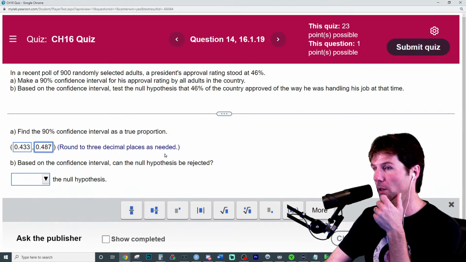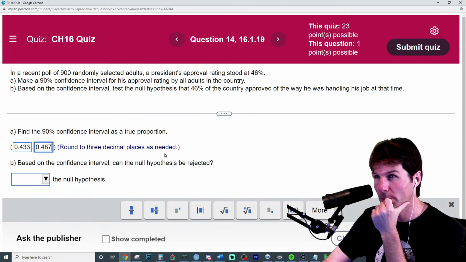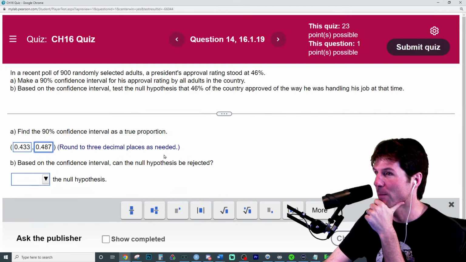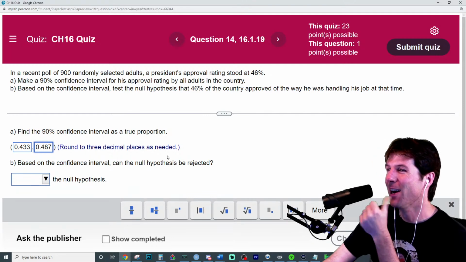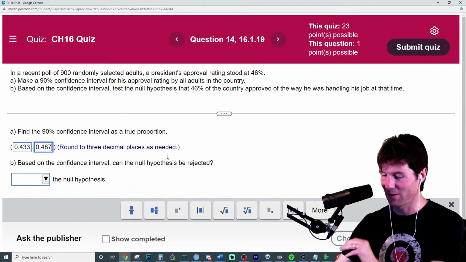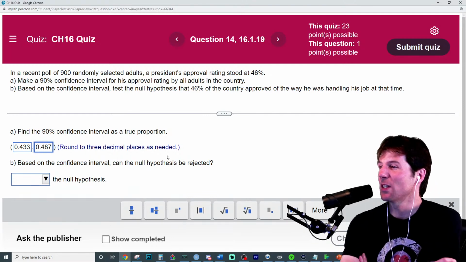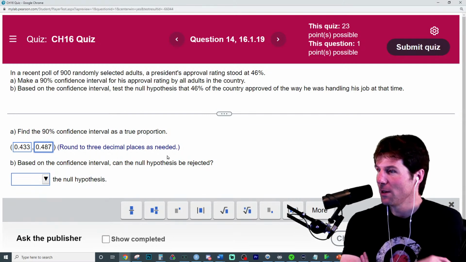Based on this confidence interval, can the null hypothesis be rejected? Are they serious? What do you notice about their null hypothesis? You don't even need statistics for this. Let me tell you.